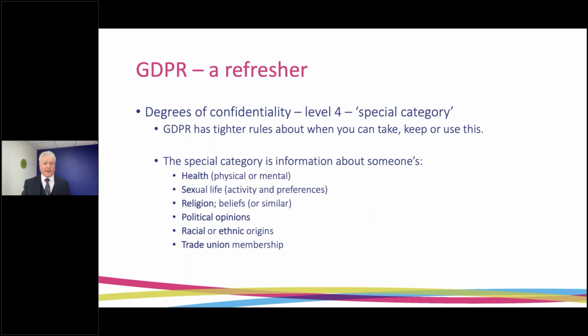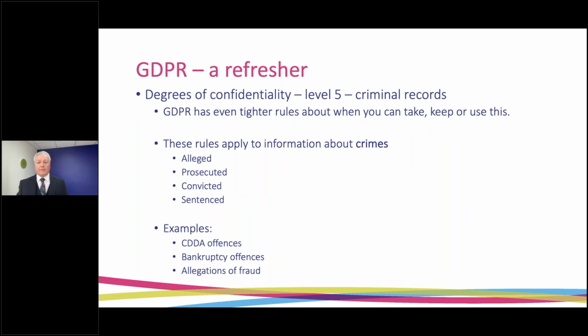First of all, special category. This is particularly confidential information under GDPR, and this is really particularly personal information about people. It is a fairly close map to the protected characteristics under the Equality Act. There's the list there. I'm not going to read them out to you. And criminal records, information about crime, is even more highly protected.